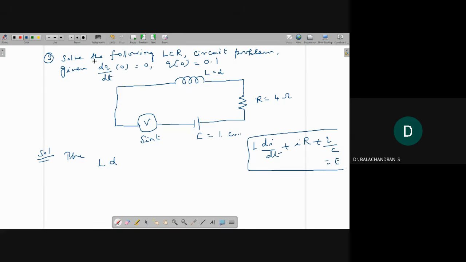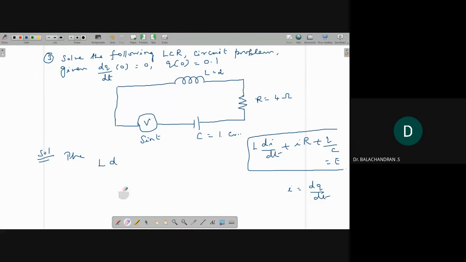But here, what is given? I think you are right. But it is better to take everything in terms of Q. I think you know the relationship between I and Q: I equals dQ by dt, and dI by dt equals d squared Q by dt squared.